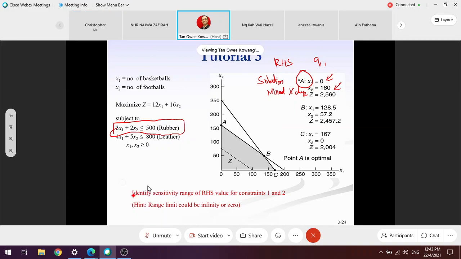Tetapi which one is this constraint? This constraint supposed to be here. This constraint is here. Ni lah. Okay, this constraint here. So sepatutnya I need to identify these 2 points. Am I right? Betul kan?